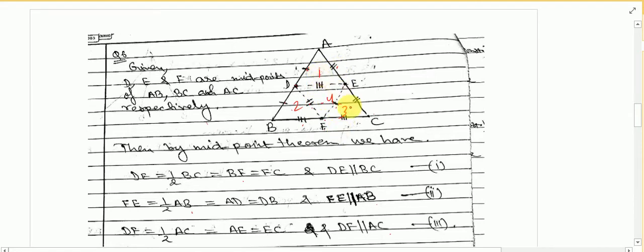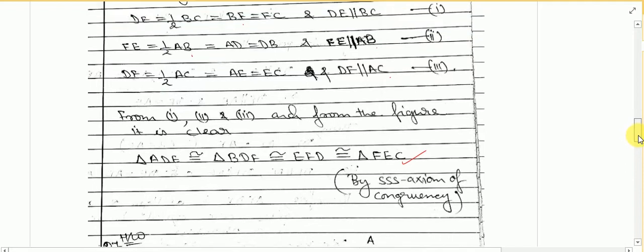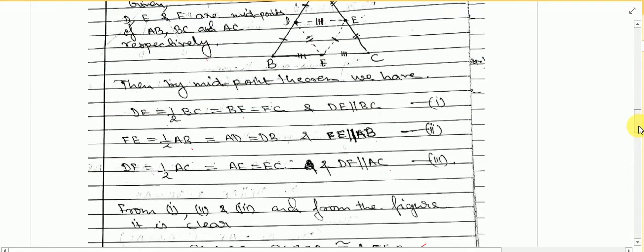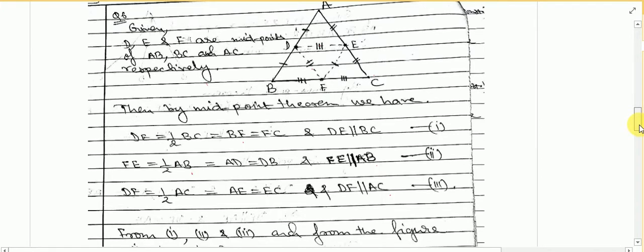If you compare 1 and 3, you can do the same. So all these 4 triangles are congruent by SSS axiom of congruency. So you will copy this. For that you have to pause the video and copy it.